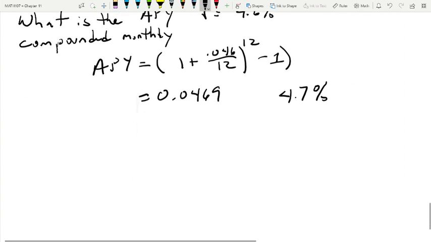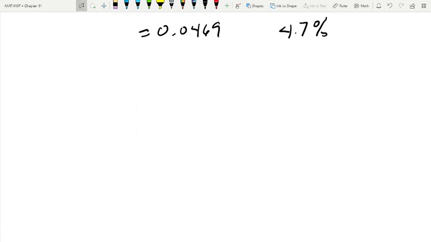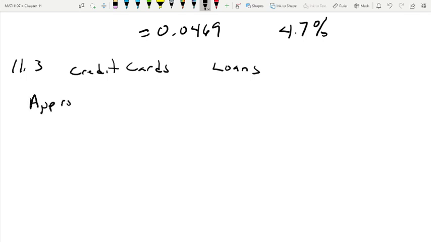And so the next section is 11.3, which deals with credit cards and loans. So you first get this from it. The approximate APR.